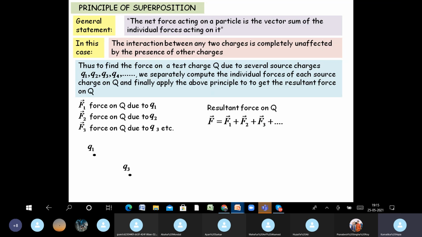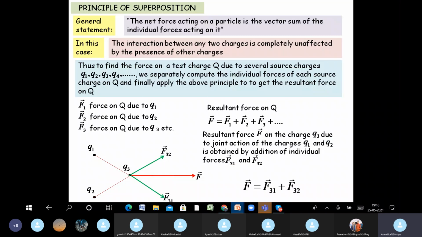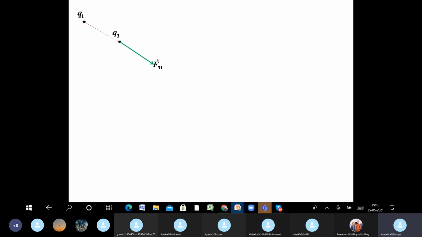Pictorially, suppose Q1 acts on Q3, so F31 is the force, and again Q2 acts on Q3 and F32 is the force. So the net force will be the vector sum of F32 and F31. This is how we apply the principle of superposition in case of electrostatics.